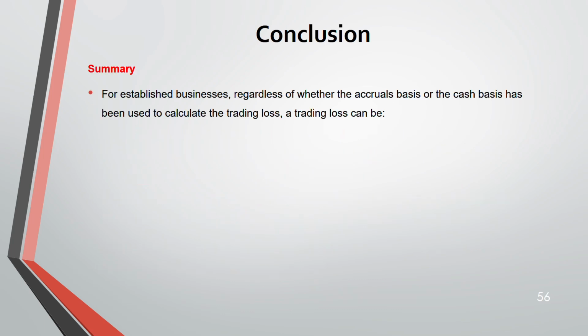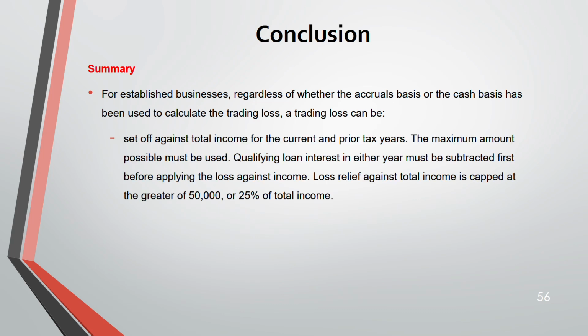For a business that you are continuing, whether you have used accrual or cash basis, trading loss you can set off against the total income, either from current or prior tax years. The maximum amount has to be used.